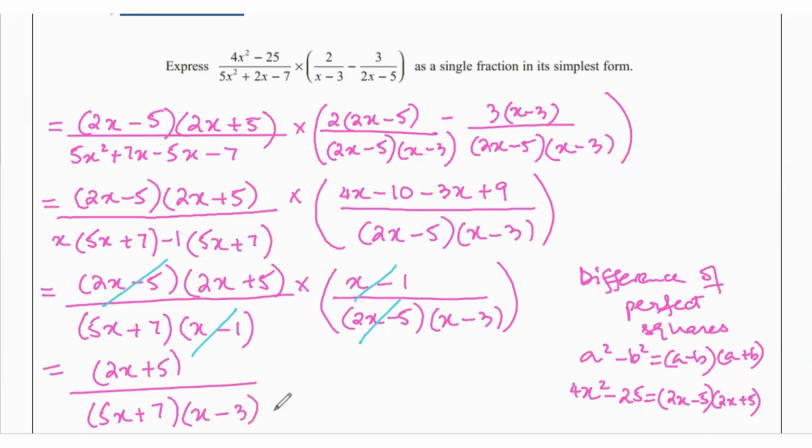This is your single fraction in its simplest form. So two important rules you need to remember: difference of perfect squares, then factorizing a quadratic equation, and apart from that, how to combine fractions with unlike denominators when they're being added or subtracted.